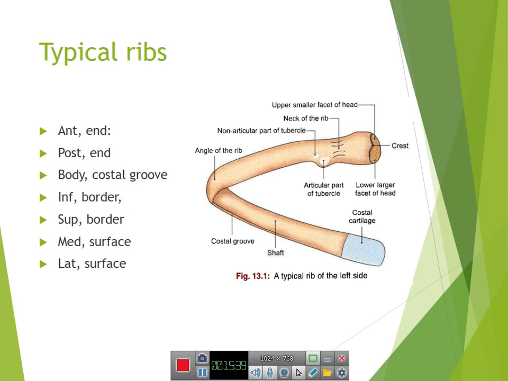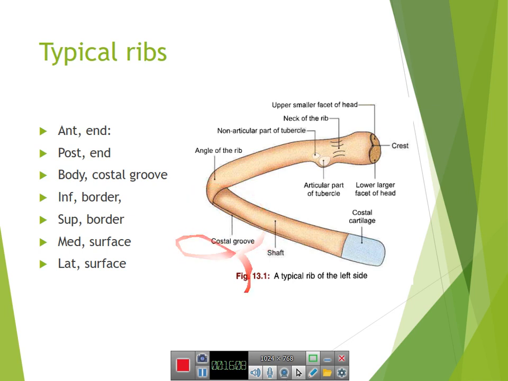The costal groove contains, it is very important, listen, the costal groove here continues from the posterior to the anterior, and it differs from the typical ribs. The costal groove contains the posterior intercostal vessels and intercostal nerve.